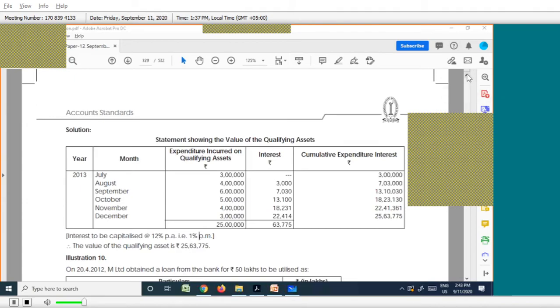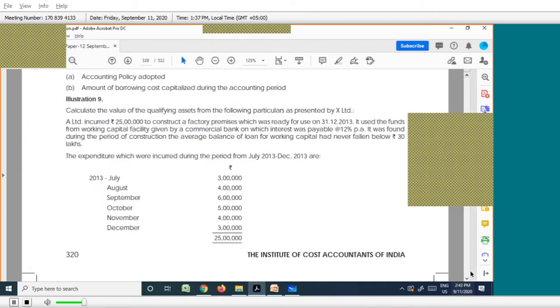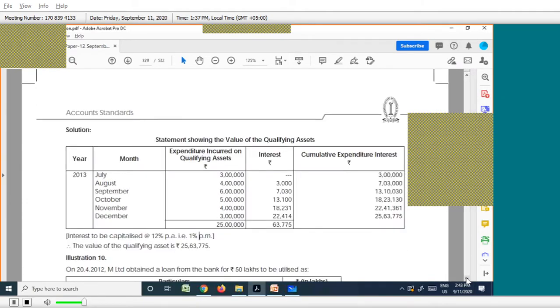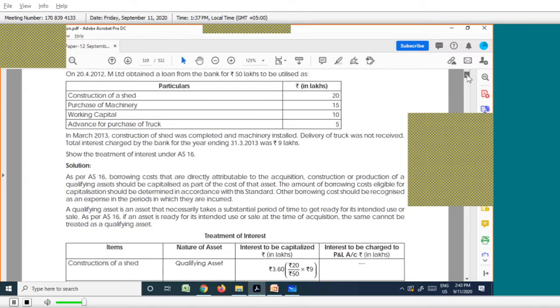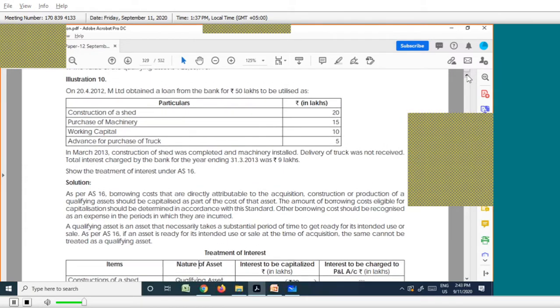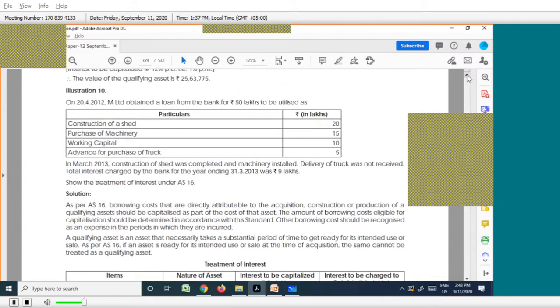So what is this illustration 10? Please take your material. Try to take your notebook, text notebook. Two things you should keep for the accountancy paper. This is not purely a theory paper. This is a practical paper. Auditing we can discuss theoretically, but accounts we have to work out.